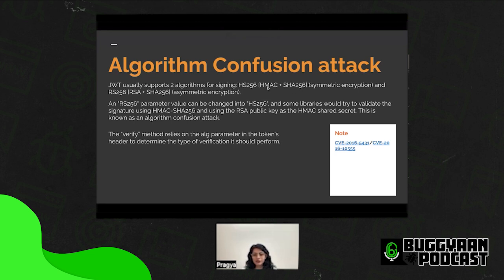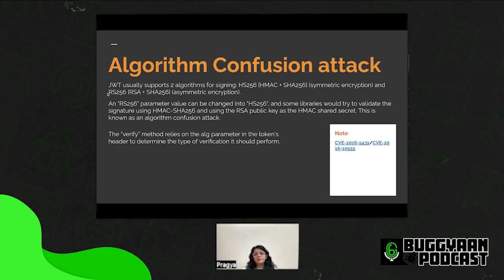That is why HMAC plus SHA-256 is written as HS256 in the header part of the token. And RS256 means RSA plus the hashing algorithm, which is SHA-256. So that is why in the header, it is written as RS256 as the algorithm.